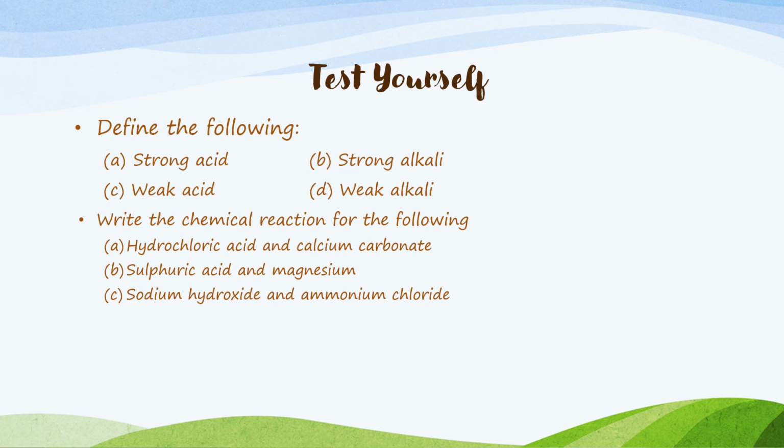For acids, we learned about the reaction between acid and base, the reaction between acid and metal carbonates, and the reaction between acid and reactive metal. For alkalis, we learned about the reaction between alkali and an acid, the reaction between alkali and ammonium salt, and the reaction between alkali and metal ion, where you get the insoluble salt.